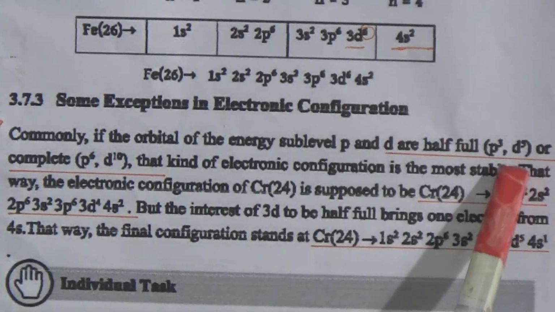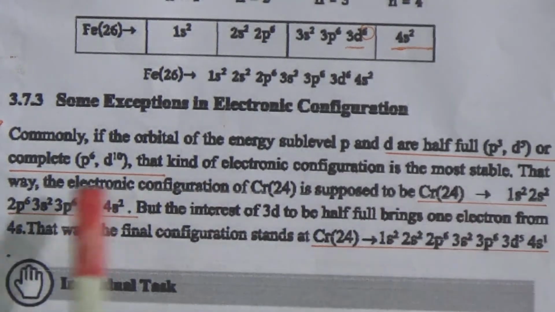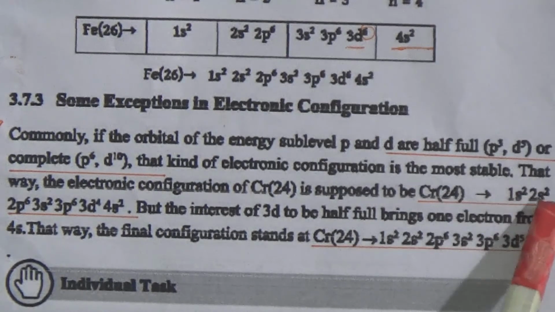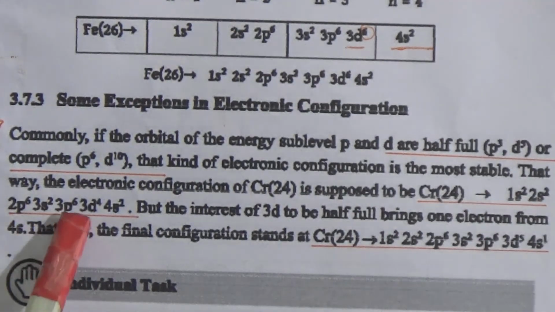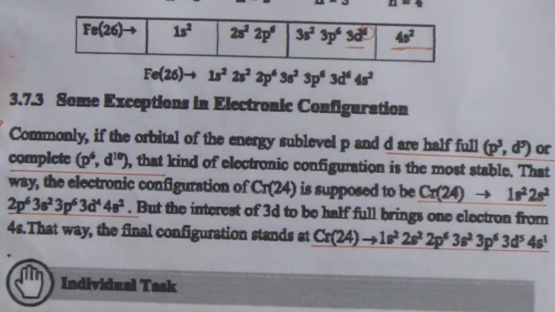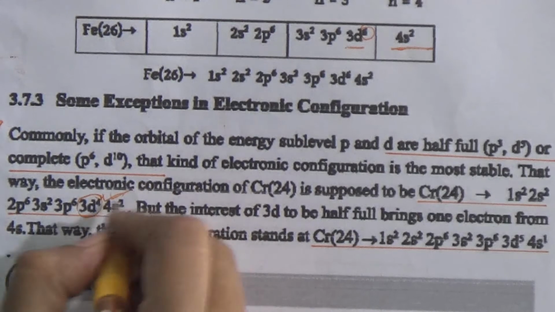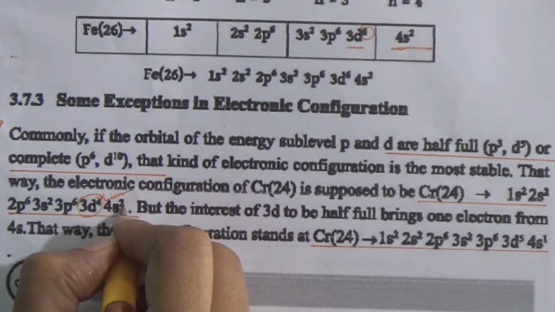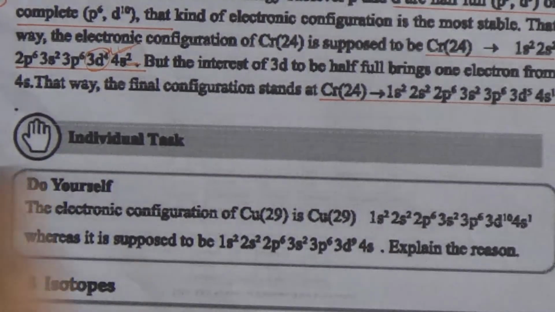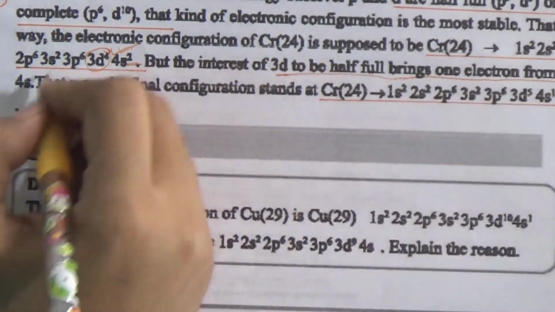That means if you observe chromium's electronic configuration, 1s2, 2s2, 2p6, 3s2, 3p6, 3d4, 4s2, it is not stable, because with 3d4 it is unstable. That's why from the 4s, 1 electron goes to the 3d. Because the 3d needs to be half full, it brings 1 electron from 4s.